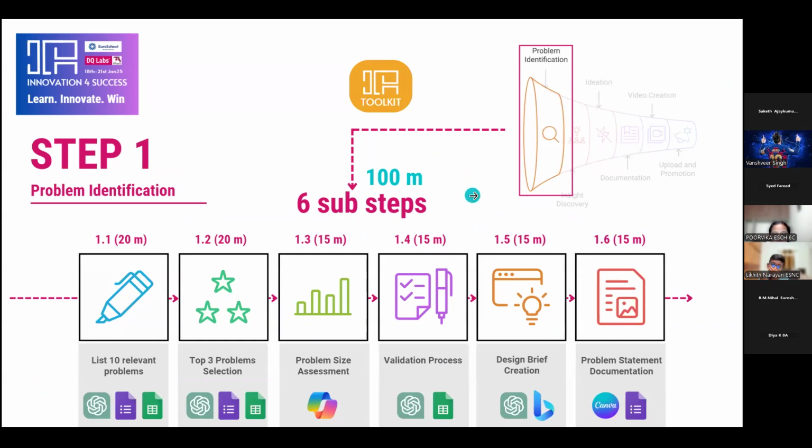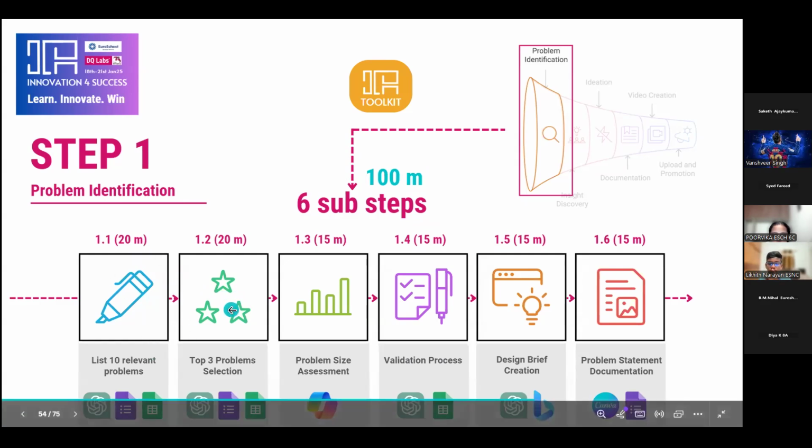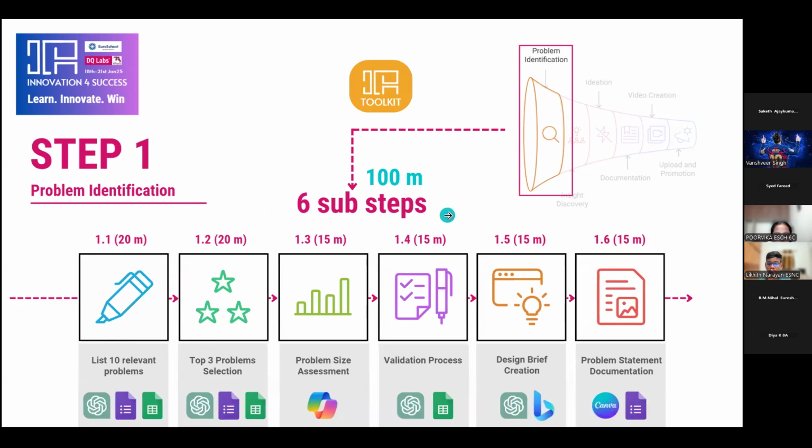So I'll be mentioning the total time that you have to complete each of these steps and how much time you can spend on each of the sub-steps as well. So the first step has 6 sub-steps. What you need to do first is come up with a problem that you can solve, and we'll figure out how we can do that.